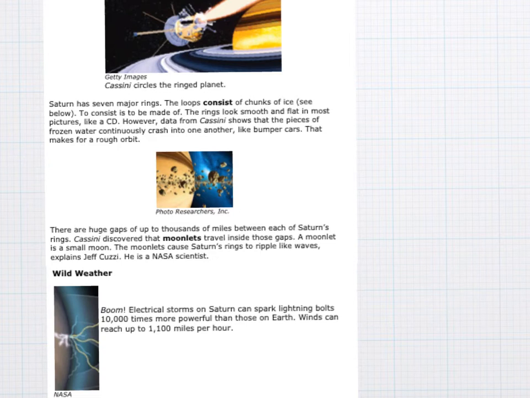What was the type of figurative language that we used that compared 2 things using the words like or as? Was it perhaps a simile? Well, in this sentence, it says that the rings look like a CD. So I'm comparing the rings and a CD using the word like. Maybe this could be a simile.